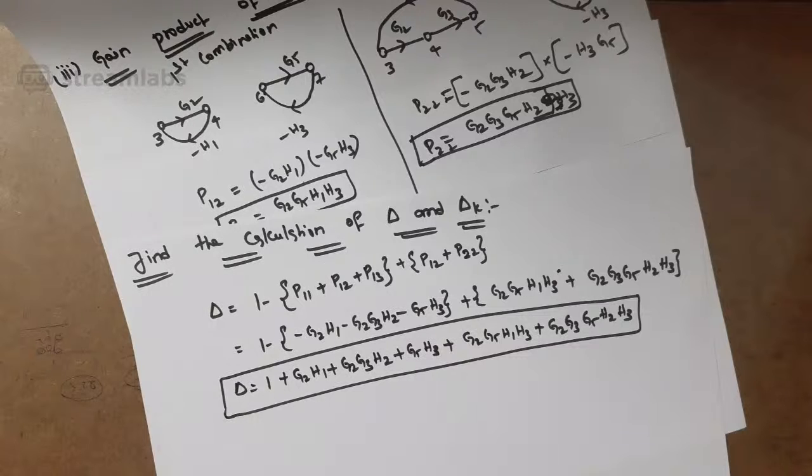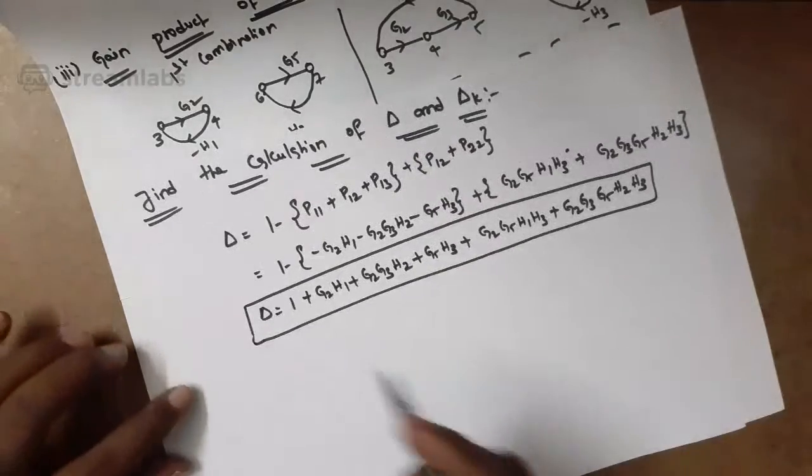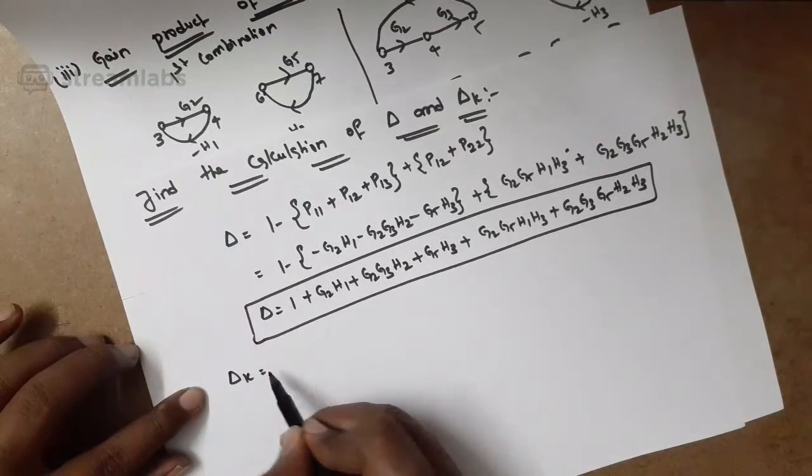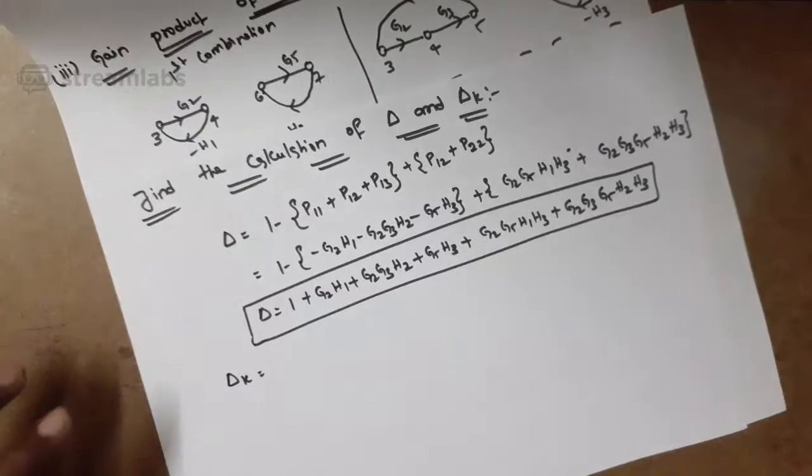Now we are going to find the delta k. So delta k is the, what is the term we used here?